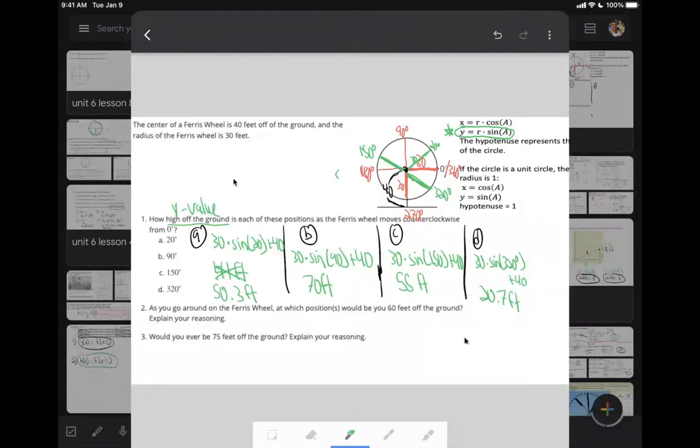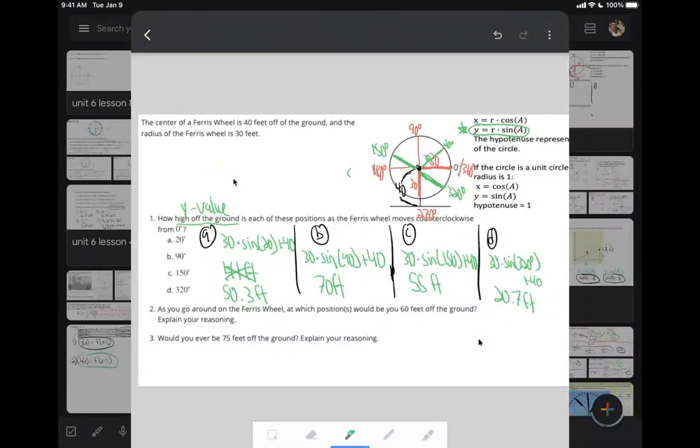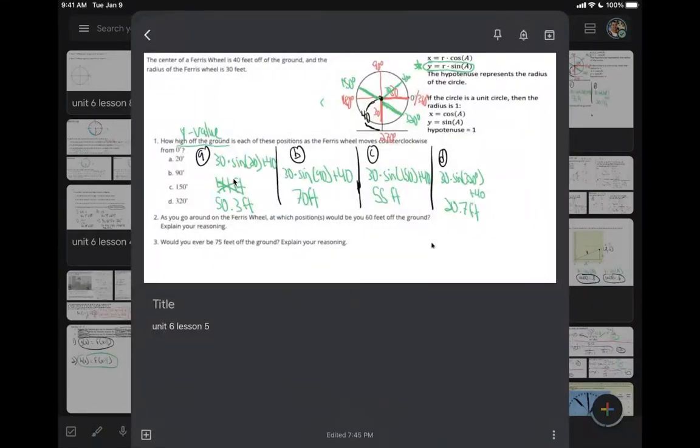So, to find that answer, I need to go to my formula here, okay? So I know that my formula, and I'm actually going to do this on a separate drawing here so I have more room.